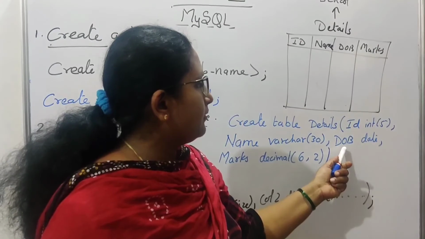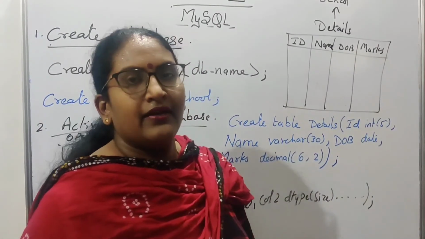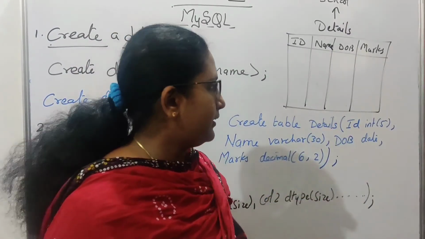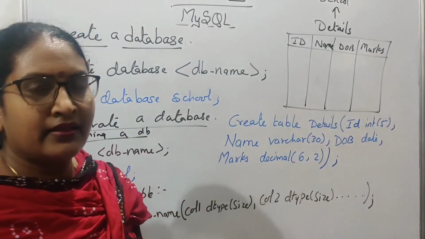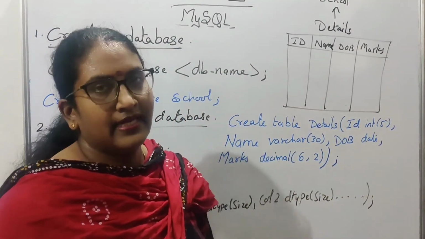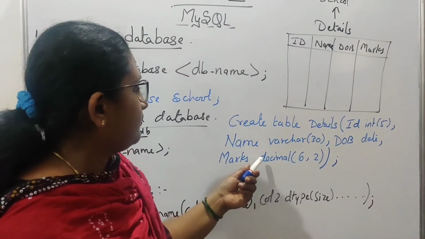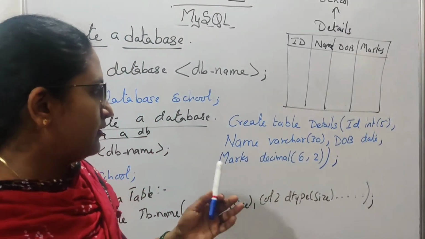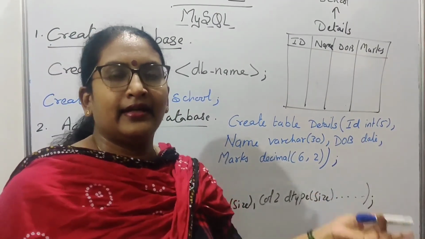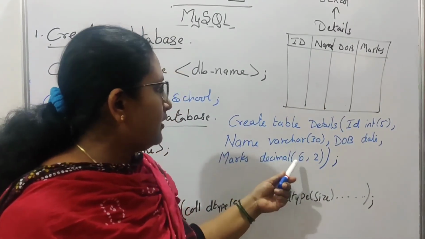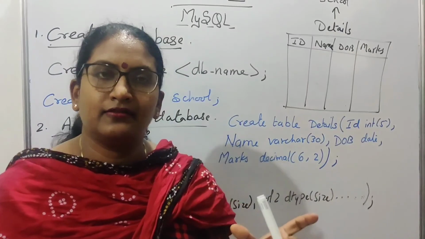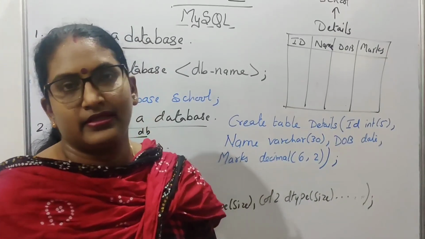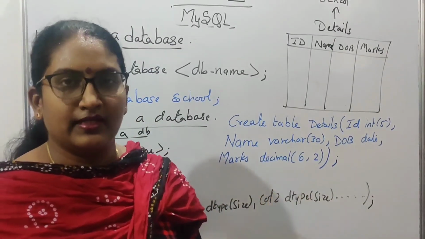Third is DOB, date of birth. We take date only because the format is fixed, YYYY-MM-DD, the same every time, so no size is given. Next, marks: we take decimal because marks can be decimal, like 66.8 or 89.9. Then decimal 6, 2: 6 is the maximum length of the number, including 2 decimal places, so 4 digits, dot, 2 digits.